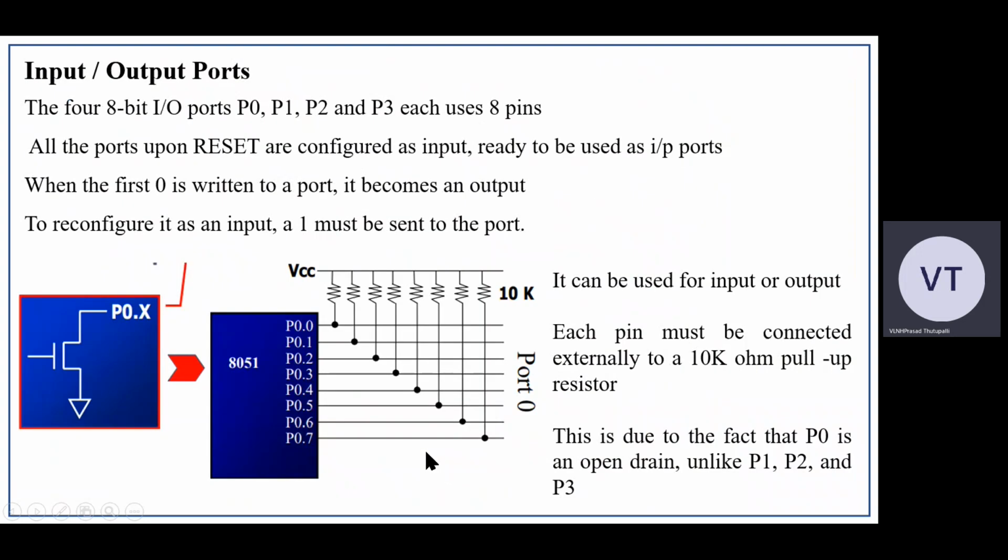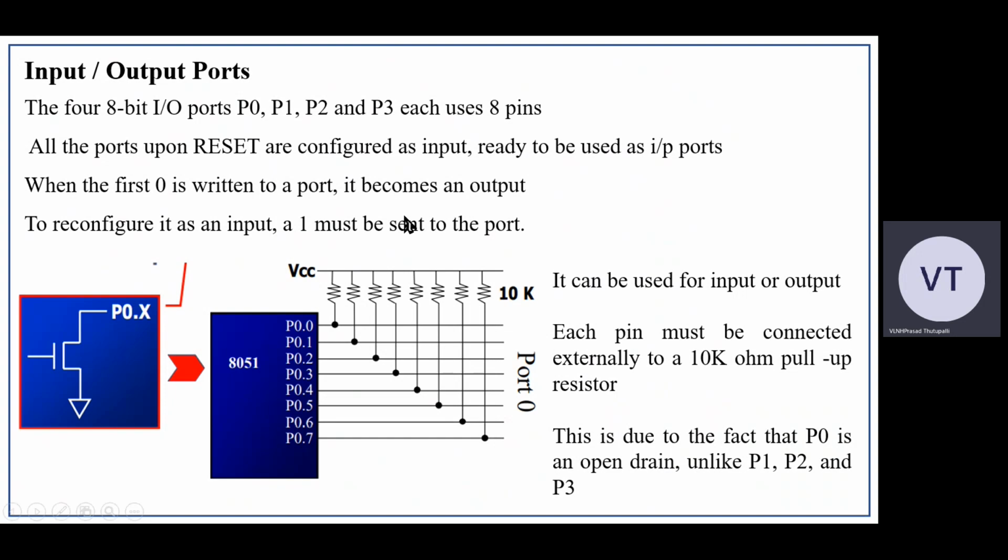So the essence of this particular slide is microcontroller comes with the 4 IO ports. The length of each port is 8 bits. 4 8s, 32 IO pins will be there to the microcontroller in order to receive the data or to send the data to the outside world. Upon reset, all these pins work like input pins, or means all ports work like input ports.